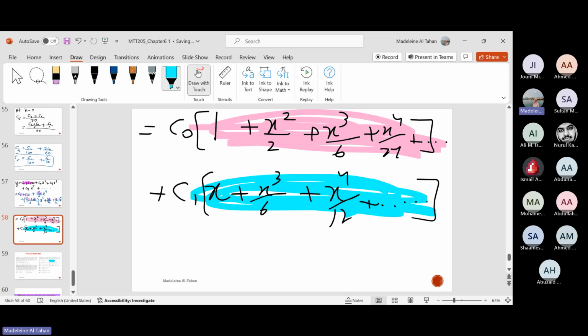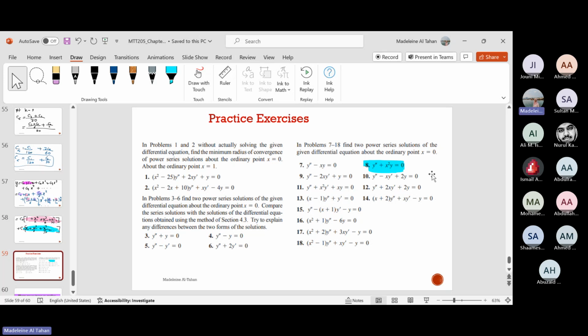Is this clear? Yes, doctor. Guys, do we have questions? No. Okay. Can we take this one, y double prime plus x squared y? I will screenshot it, send it in the chat, and send you to breakout rooms to start with this one to make sure that everything is okay.